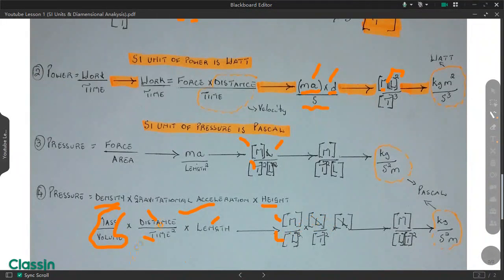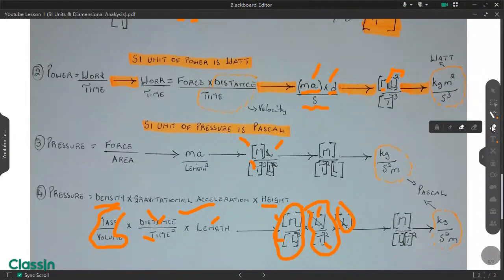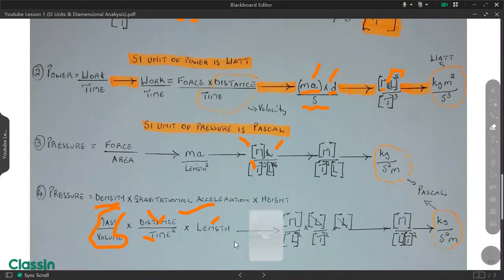The distance is denoted by this L. And then this T squared is denoted by this T. And all of this is gravitational acceleration. And this one is the density. And then this L is the height. So we broke down to the basic fundamental base quantities.